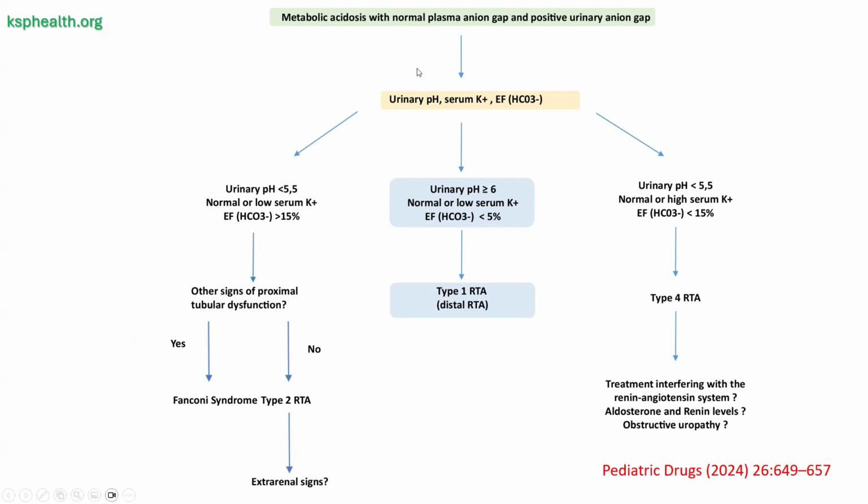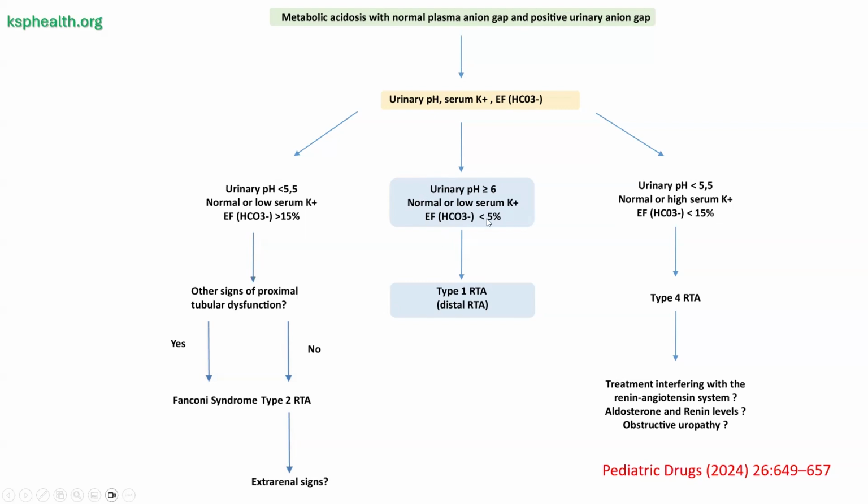So urine pH, serum potassium, and bicarbonate determination groups into three. When the urine pH is less than 5.5, potassium is low, and bicarbonate excretion is supposed to be less than 15%, and there are other signs of proximal tubular dysfunction, then it is type 2 renal tubular acidosis or Fanconi syndrome.